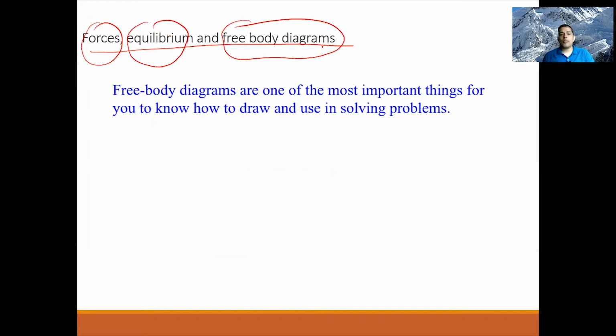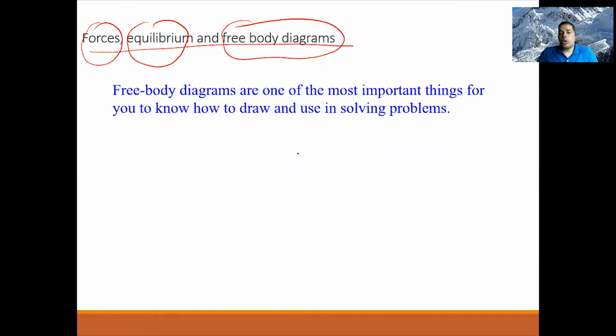Free body diagrams are very important concepts, one of the most important things for you to know: how to draw them and use them in problem solving.